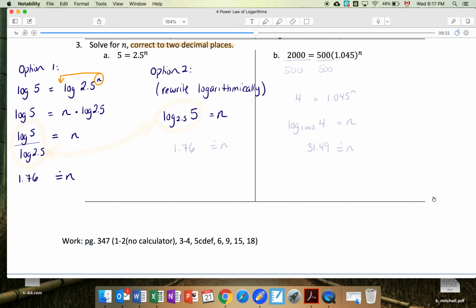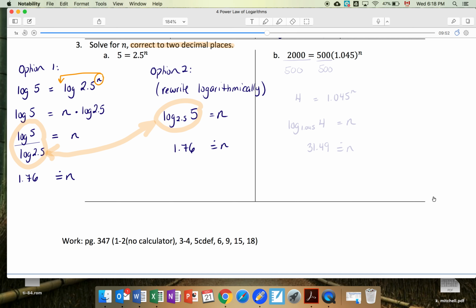And again, you take out your calculator, that should give you the same thing, 1.76 about. However, by doing this, we've just shown that this is equivalent to this. These are the same thing. And that's your change of base law. So if I'm able to take log base 2.5 of 5 and rewrite it as log 5 divided by log 2.5, like I said, that's your change of base law.